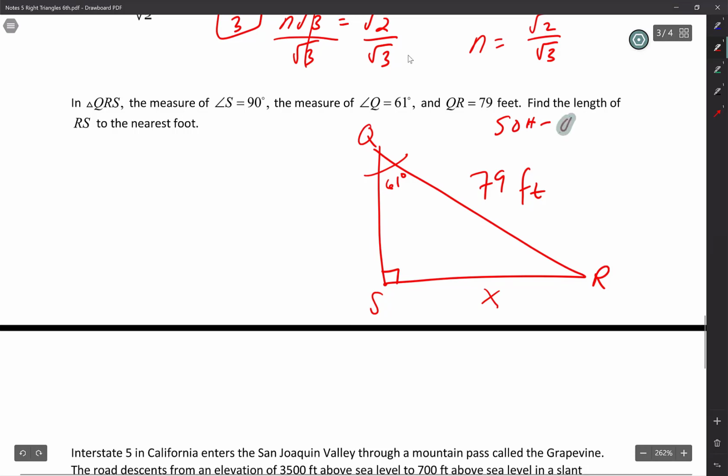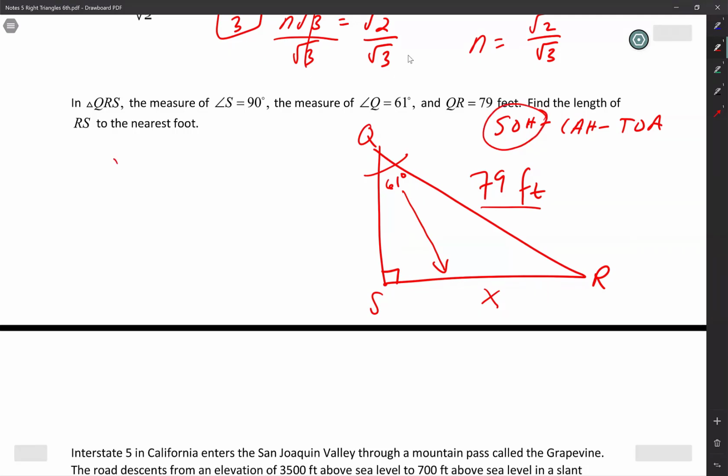Chavez, I don't have a calculator. How do you expect me to do this? Well, if you're seeing this live, or I guess they're live because you're in Zoom, but if you're seeing this on YouTube, then you have all the tools necessary, guys. So here we go. With respect to 61 degrees, that X is opposite, and that 79 is hypotenuse. So opposite and hypotenuse is sine.